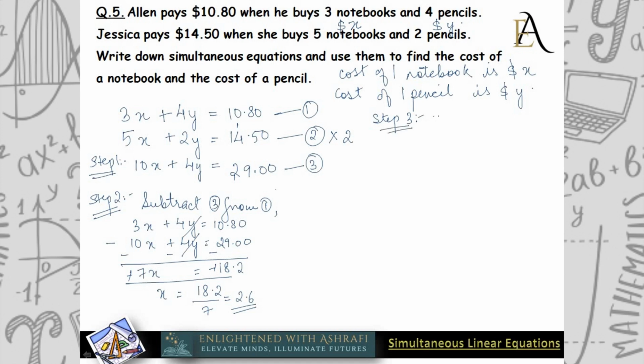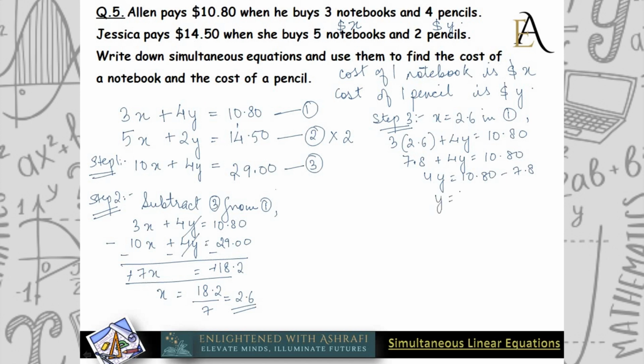Let's use the value of x equals 2.6 in equation 1, because that's the easiest one. 3 into 2.6 plus 4y is equal to 10.80. 2.6 into 3 gives 7.8 plus 4y equals 10.80. 4y equals 10.80 minus 7.8.